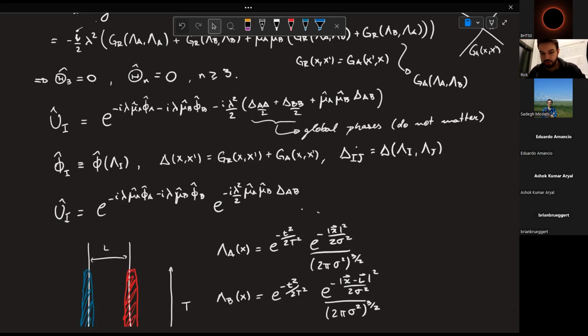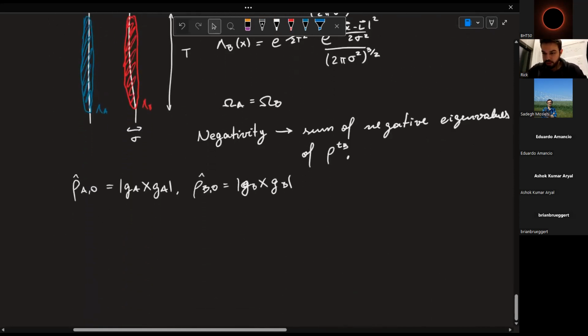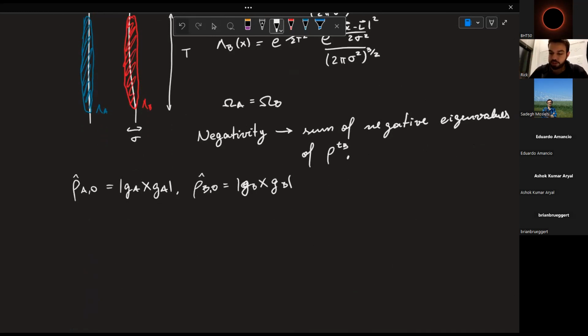The first plot I'm going to show you is how the eigenvalues of the partial transpose of the final density operator behave if you just use the unitary U tilde I, which is e to the minus i divided by 2 mu A mu B delta B.